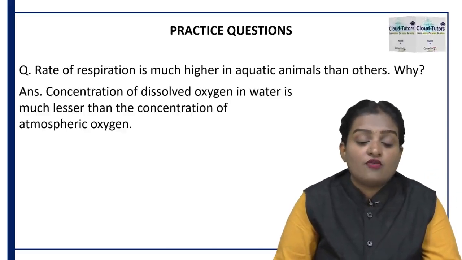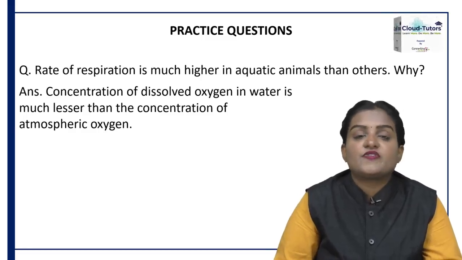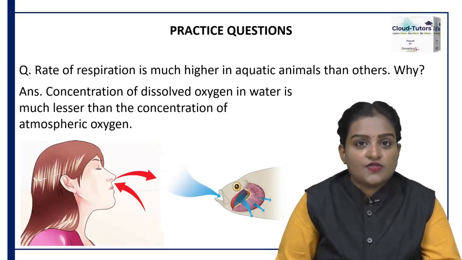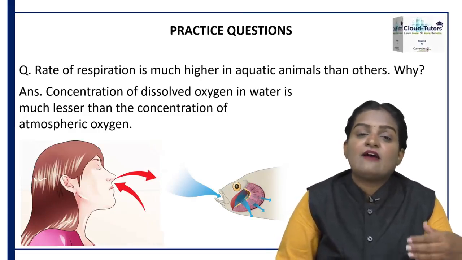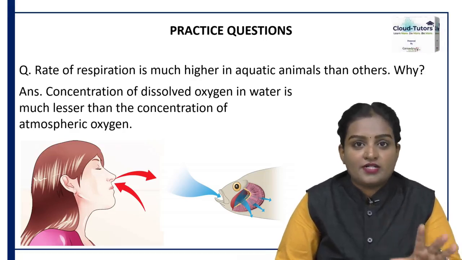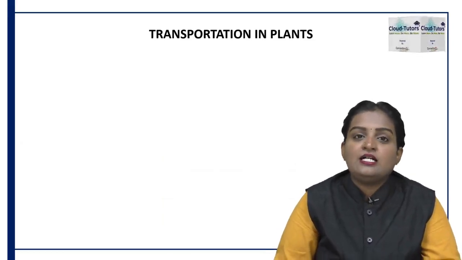So concentration of dissolved oxygen in water is much lesser than the concentration of atmospheric oxygen. So in order to meet the oxygen demand in their body, they have a higher rate of breathing compared to a terrestrial organism. Now let's summarize the topic.